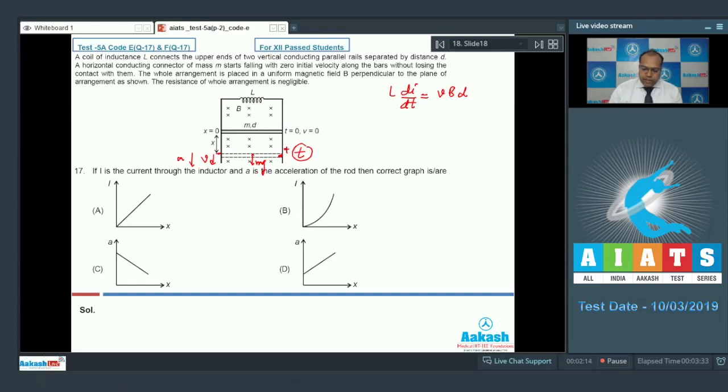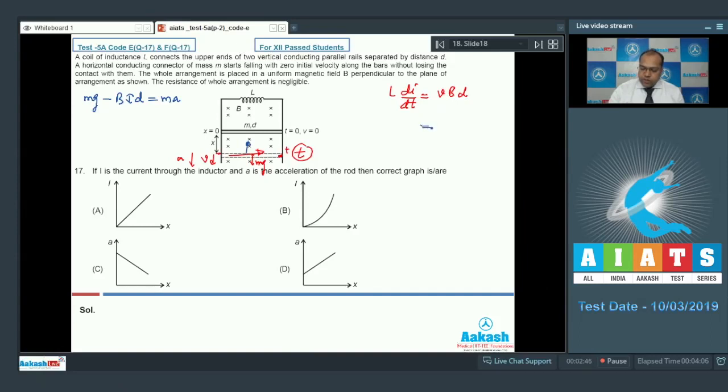So the current in this circuit is anti-clockwise, and due to this current, the rod will experience a force BId in this direction. So if I write the equation of the dynamics, then I can say mg minus BId is equal to mass into acceleration. And the second equation which we have is L into di by dt is equal to vBd.